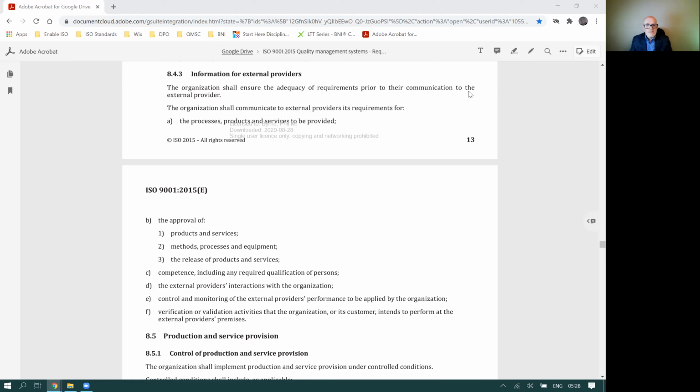C, competence, including any required qualification of persons. There's no point in saying I want a courier company to deliver if there's the need for additional skills of the driver, for example, and then expect for those skills to be available without negotiating.